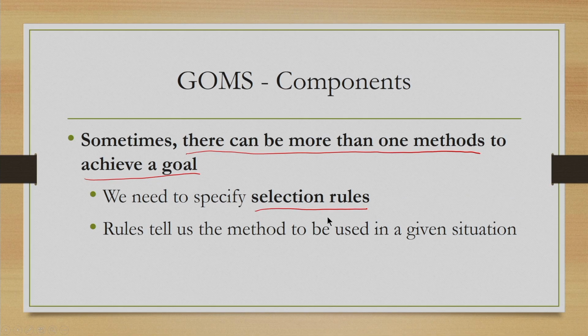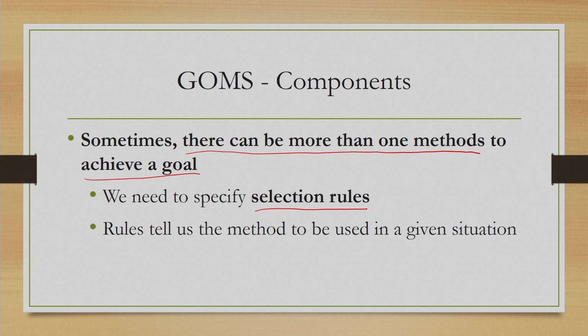Those criteria can be specified by selection rules. So, when we are using a selection rule, we are essentially specifying some conditions under which a specific method has to be used for a given task, where there can be more than one method to perform the task. That is the idea of selection rules.